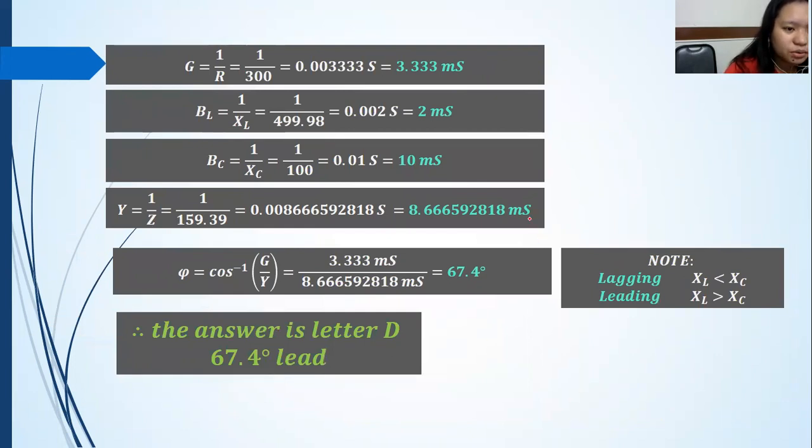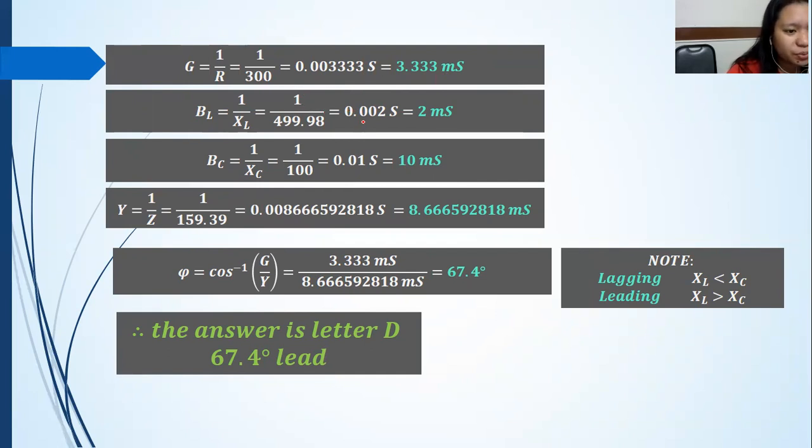First, we already solved for the impedance, so we will solve for our G. G is 1 over R, so 1 over 300, which is equal to 0.003333 S. Converting it into ms, we have here 3.33 ms. Then the BL is 1 over XL, so 1 over 499.98.